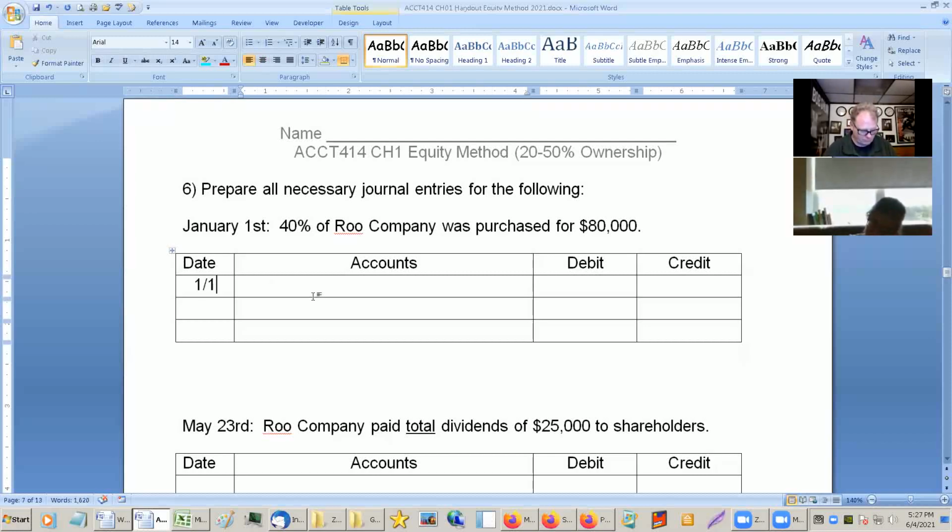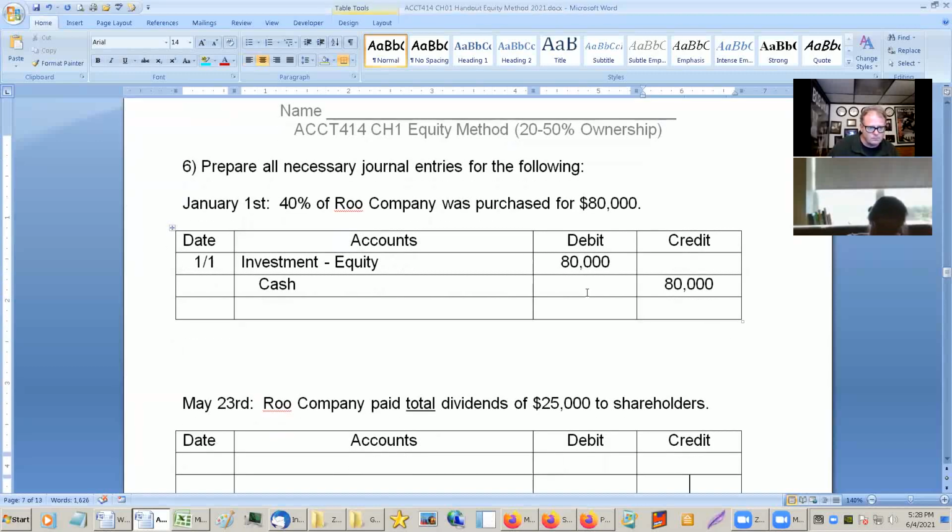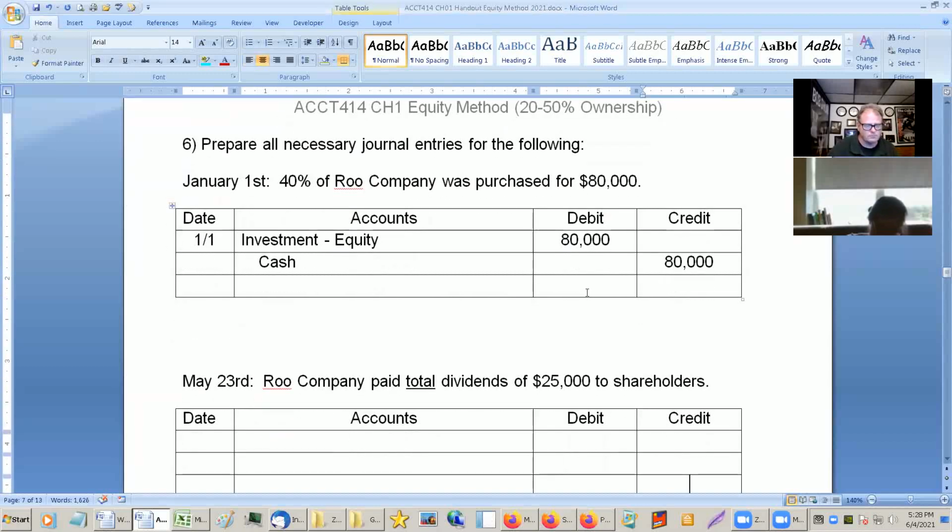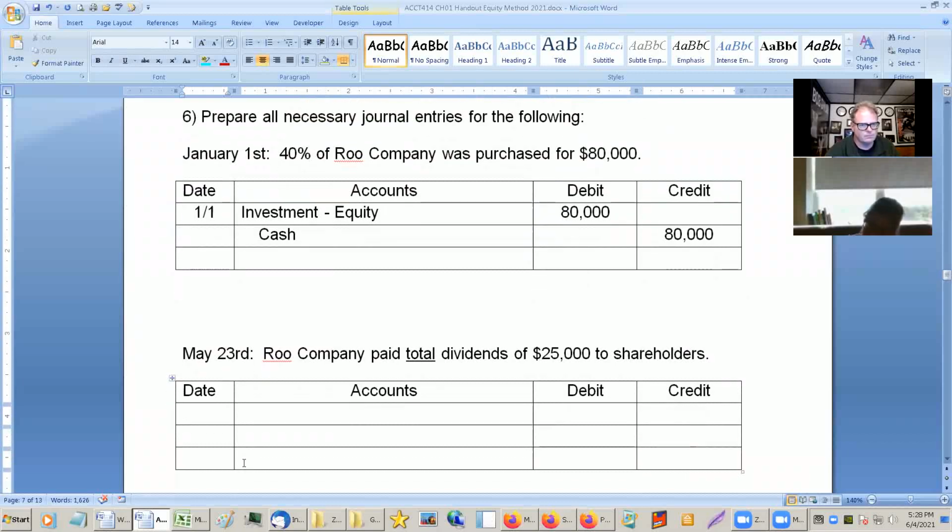And then May 23rd, you're paying the dividends. So it has paid dividends to their shareholder. So 40% of, let's see, hold on, got my calculator. Okay, so calculator would be 10,000.